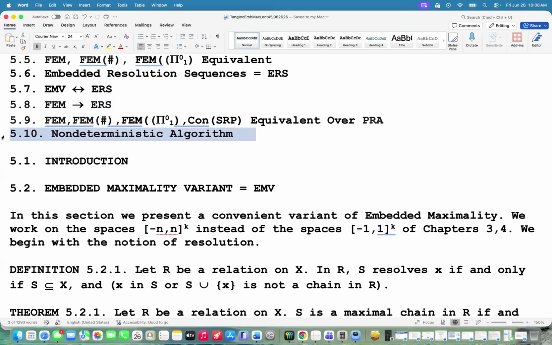I sort of know that this is going to be good. See, this stuff 5.1 through 5.9 with this FEM, you'll see FEM is really quite nice mathematically, is the mathematical stuff, but the algorithm, and so the audience for that is combinatorial mathematicians.